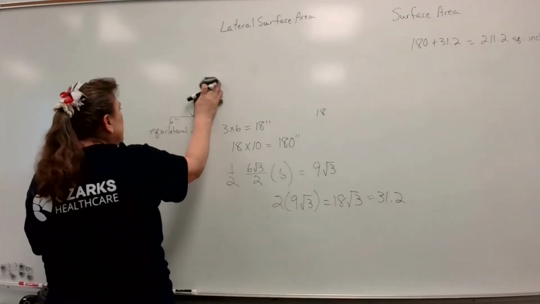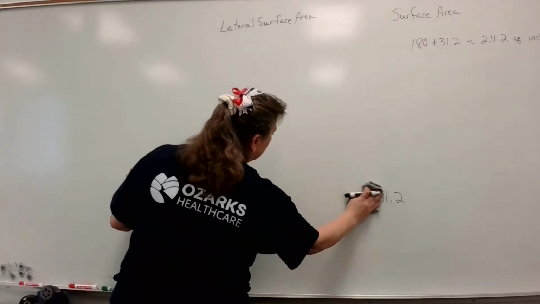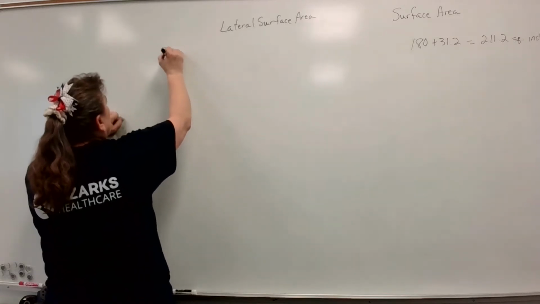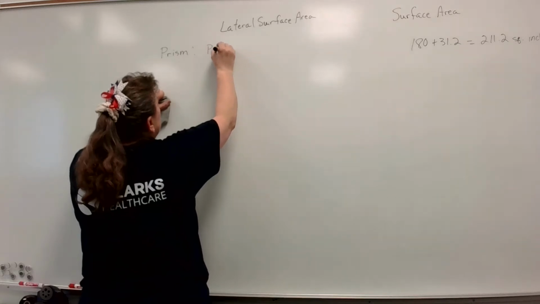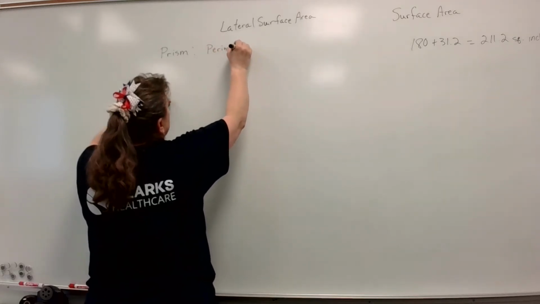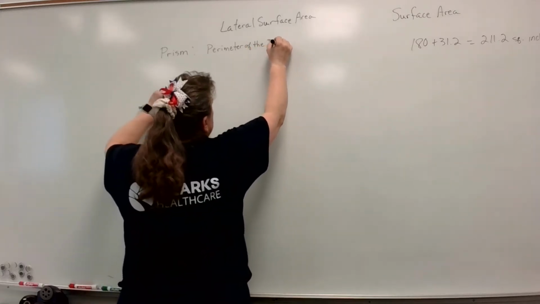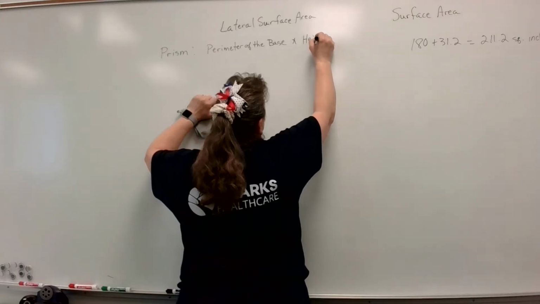And all your prisms will run that way. So, lateral for a prism is simply the perimeter of the base times the height of the lateral.